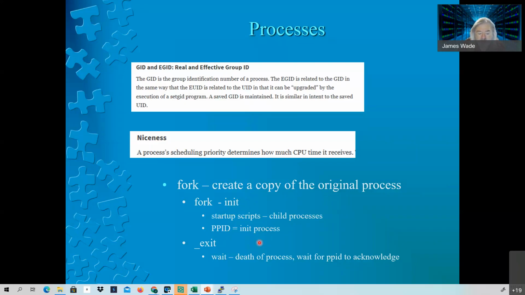Okay. Now, one of the downsides is if you have a child process that has a parent process and the parent process is killed, well, sometimes you have child processes you don't want running because the parent has been killed and can't tell the child to die. I know that all sounds funny, doesn't it?